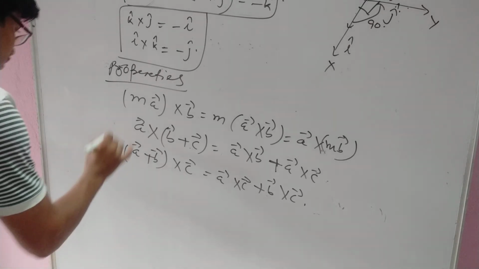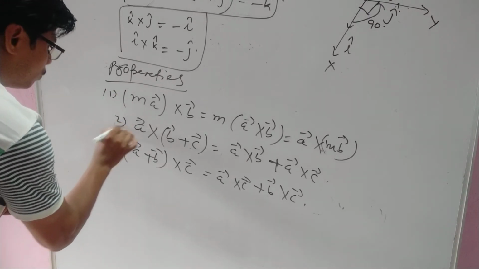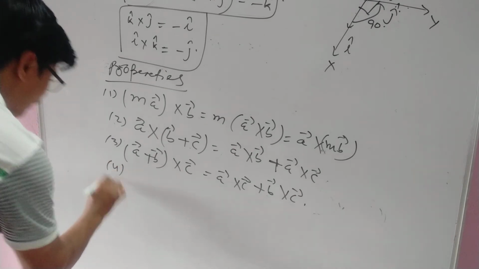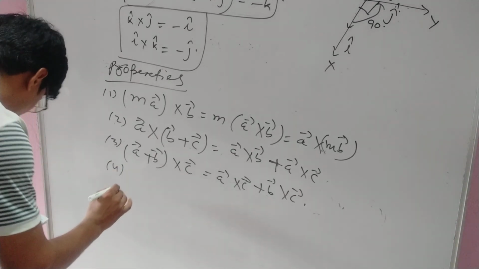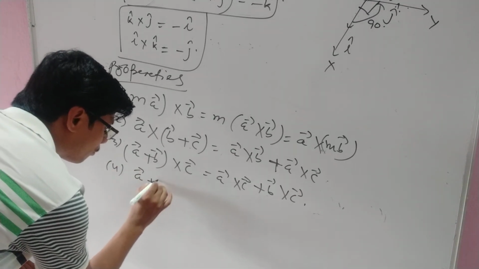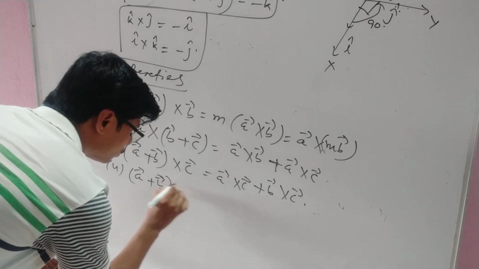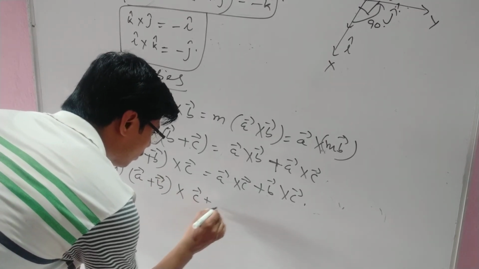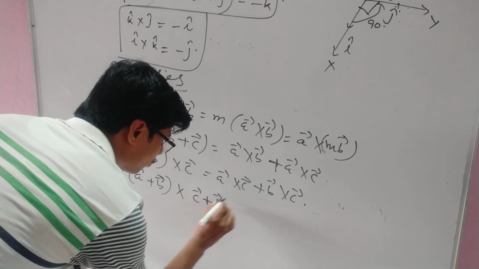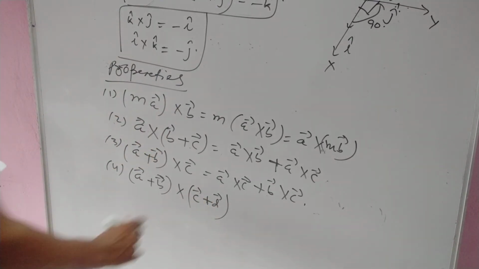Also we can write this, one, two, three, four. Again we write the vector product of the sum: (vector a plus vector b) cross (vector c plus vector d).